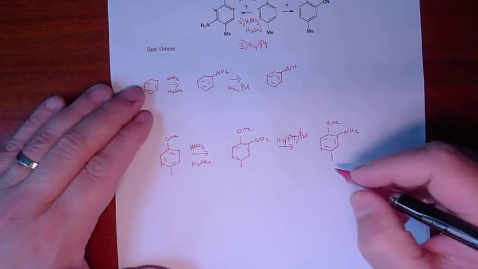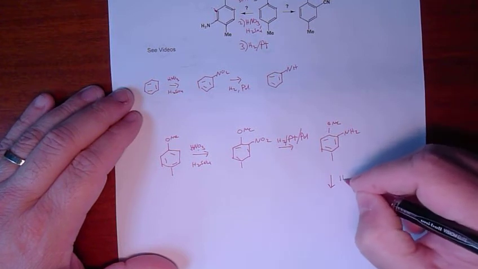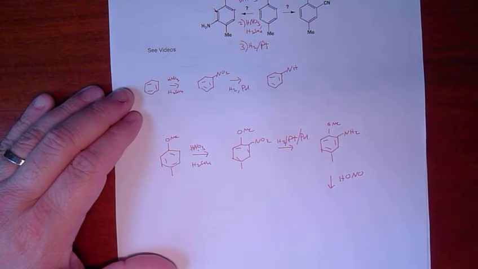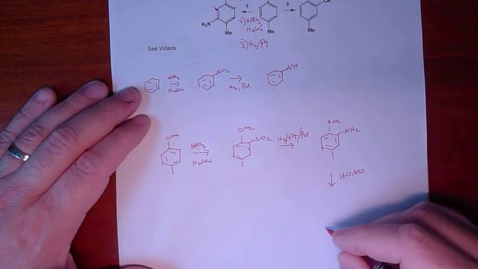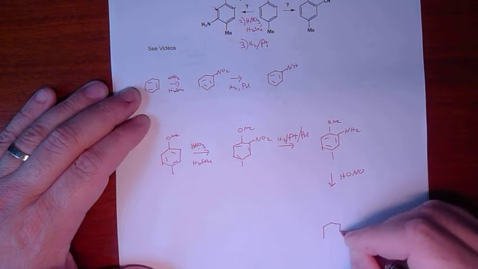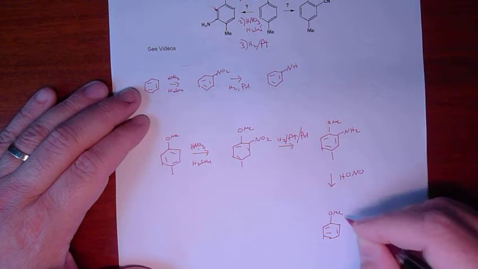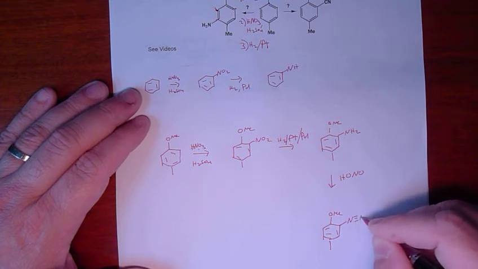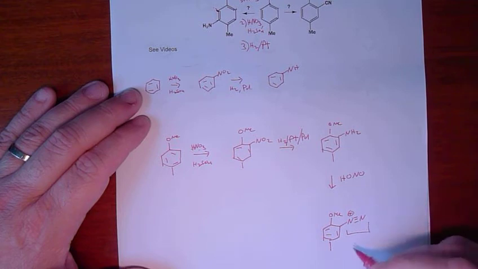And then you want to treat this with nitrous acid. There's a very good mechanistic description in your book of what will happen when you treat this with nitrous acid. But the important effect is you get this, which is called a diazonium complex.